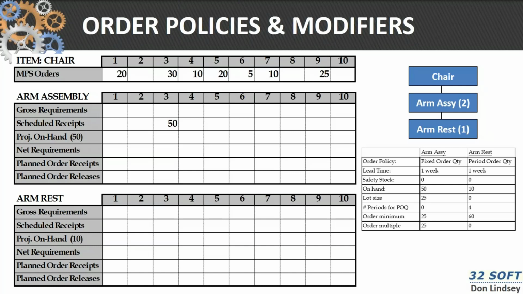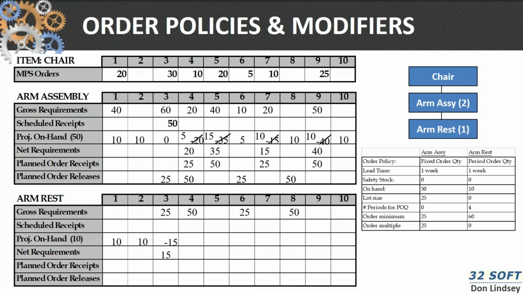So if you look at the requirements for this arm assembly, and recognizing we have a scheduled receipt of 50 in period 3, you can go ahead and look at the calculation of the release and the due date of that armrest assembly, such that we finally arrive at our projected on hand. Now we're going to drive that down into the armrest based on the product structure.